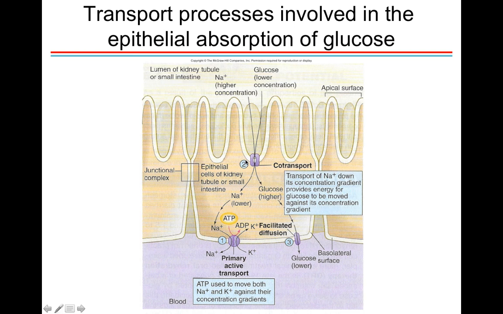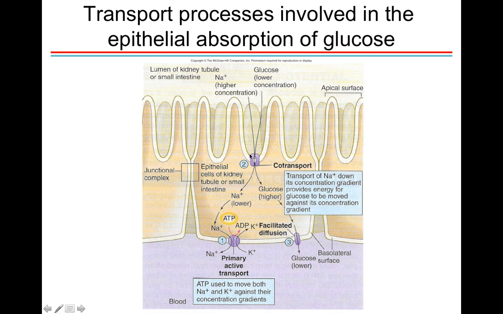So what happens is the co-transport transmembrane protein is going to be found in the apical membrane of this epithelial cell, and the concentration gradient of sodium is going to provide the energy needed to bring in glucose against its concentration gradient. So we know sodium's higher on the intestinal lumen side, lower in the cell.